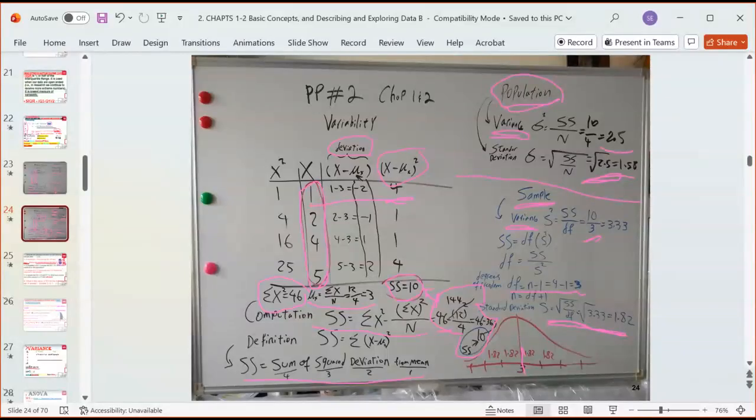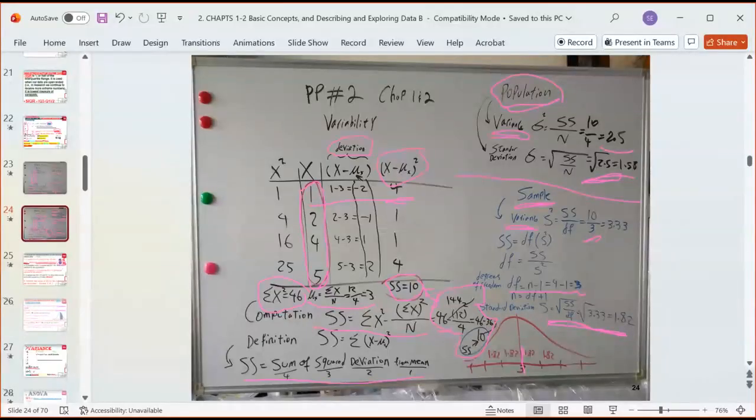So you don't have to use both ways, just select one. If you do both ways, then you know for sure it should come out with the same number. So SS is 10 divided by 4, which is 4 people, or number of scores. That gives you 2.5. That's the variance.